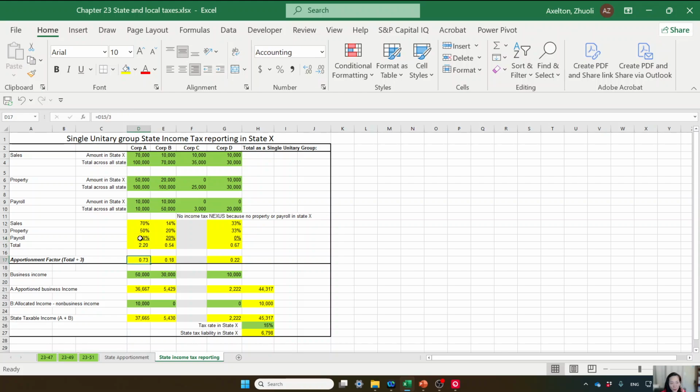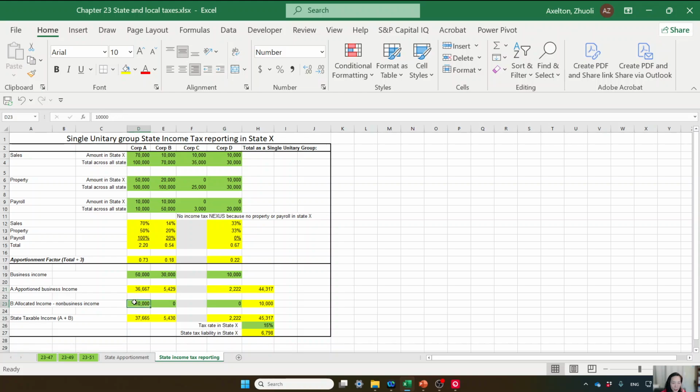The default is a three factor, with each factor playing one third. Once we come up with the apportionment factor, we can apportion the business income to each of the businesses.